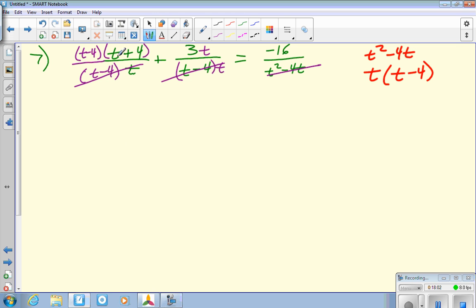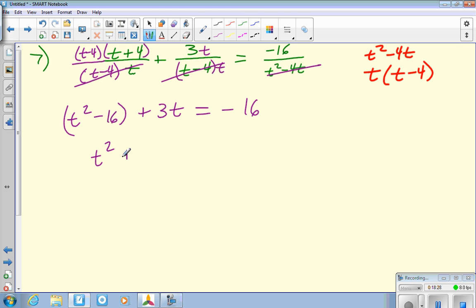FOIL these two together. This is a special product when you have x minus a number, x plus a number, or t minus a number, t plus a number. You get t squared, the first thing squared, minus the second thing squared, 16, plus 3t equals negative 16. So now we just need to move everything to one side.